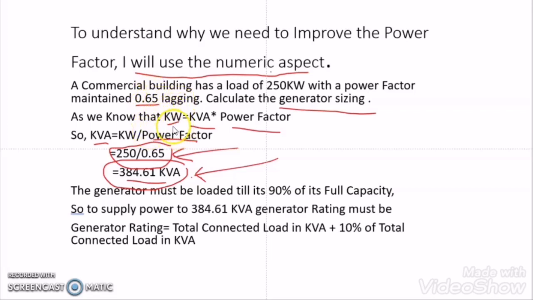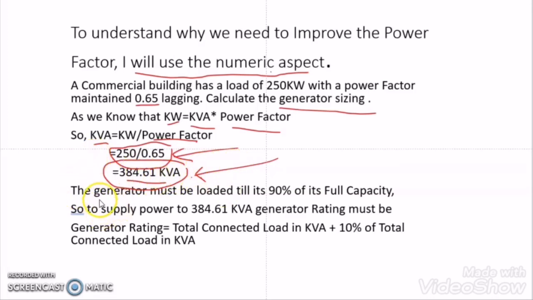As we know, kilowatt is equal to kVA into power factor. So kVA is equal to kilowatt divided by power factor. Then we get the value of kVA equal to 384.61 kVA.